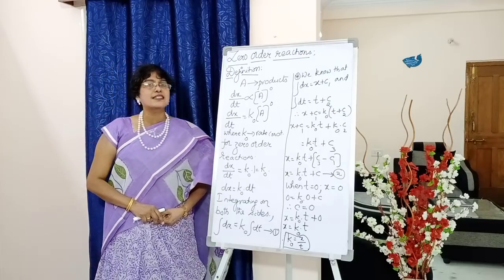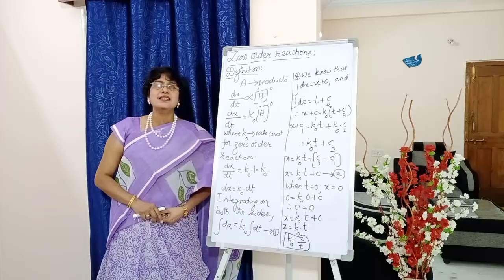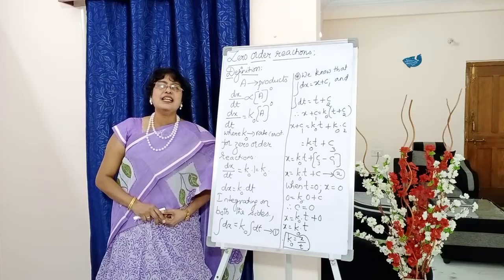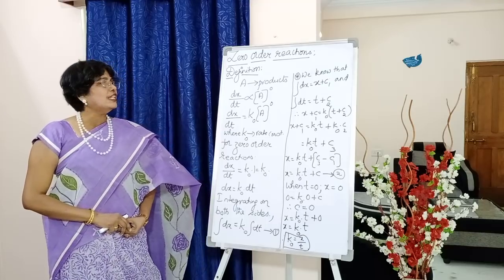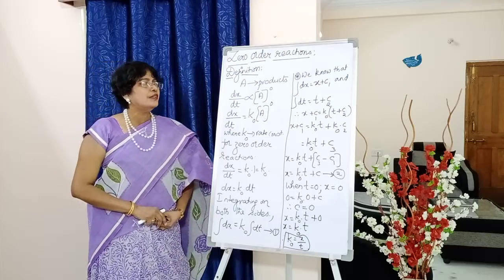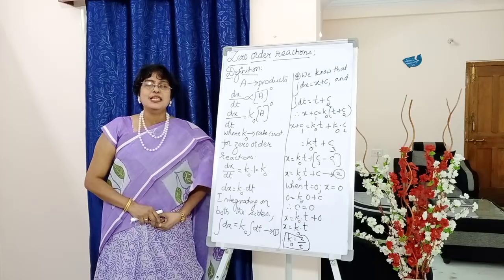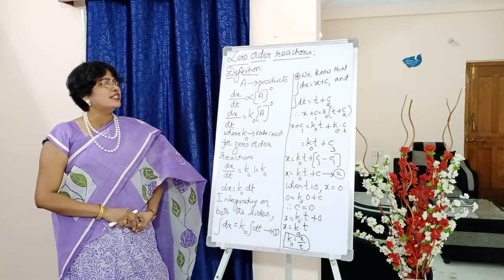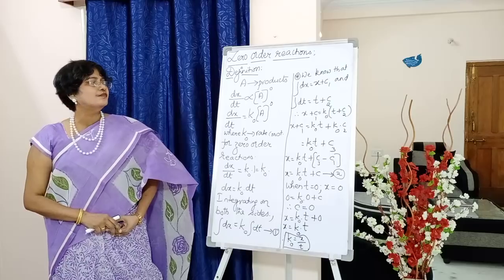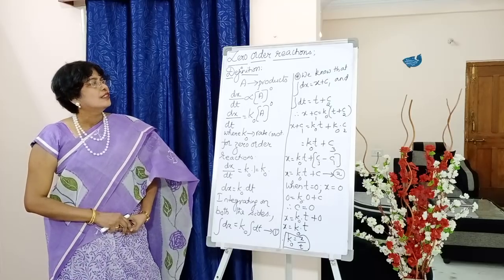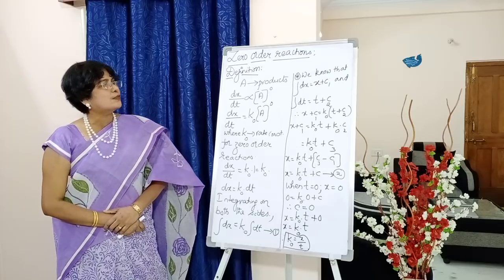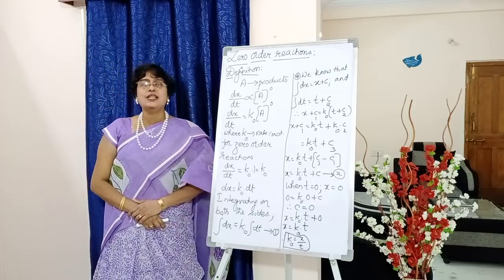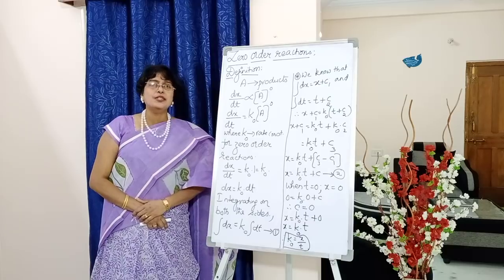So, integral dx is equal to x plus c1 and integral dt is equal to t plus constant. Already we have used c1, so we will use c2: t plus c2, where c1 and c2 are constants. Okay. Now, put it in a box, students. We know that the integral dx is equal to x plus c1 and integral dt is equal to t plus c2. Put it in a box.